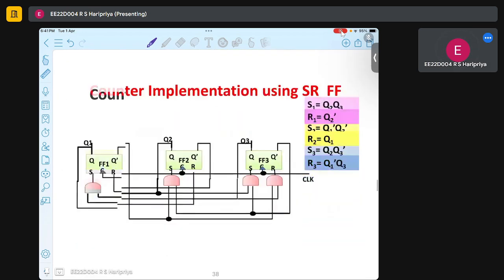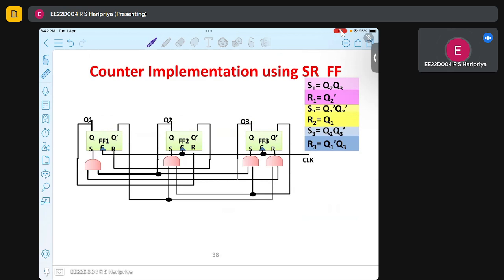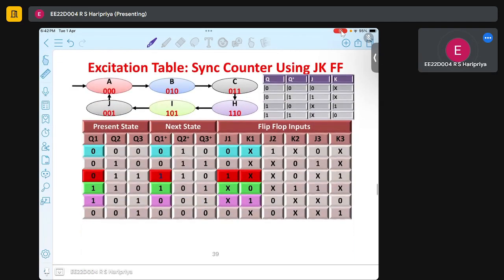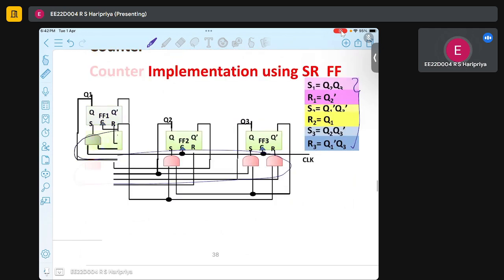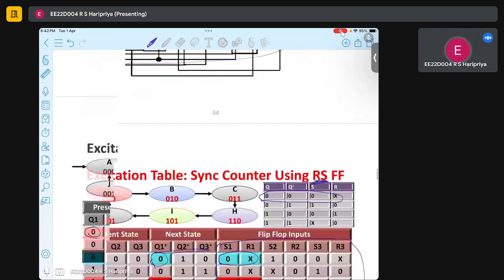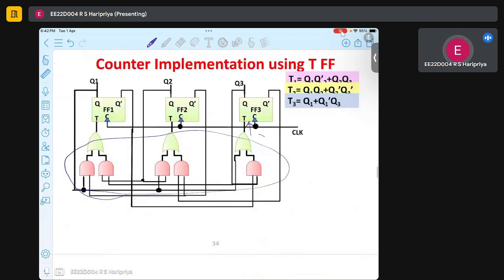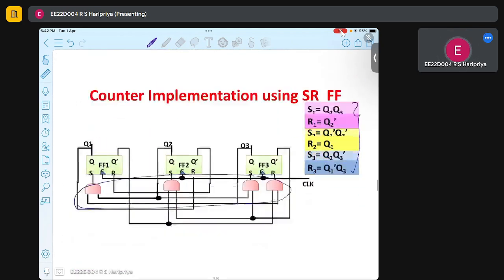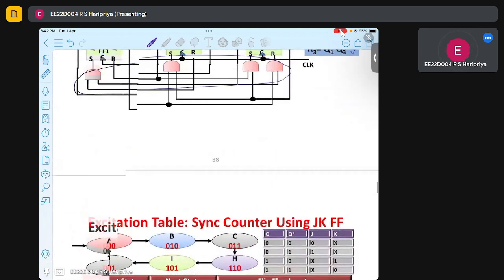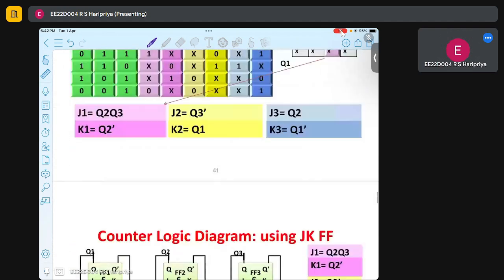Next, this is the combinational part again that we have obtained, and we have written it for the SR. Next, if you want to use JK flip flop, now you can observe that the combinational circuit is like 4 AND gates, and here we needed more combinational circuit compared to this when we are using an SR flip flop or a JK flip flop.